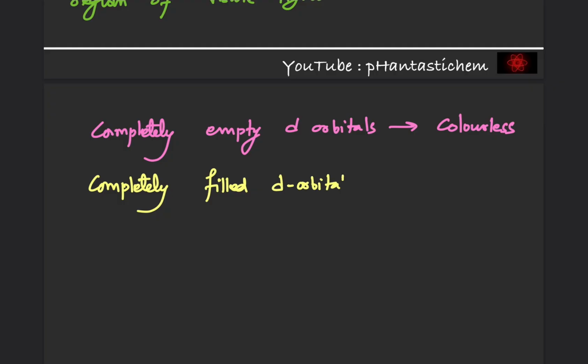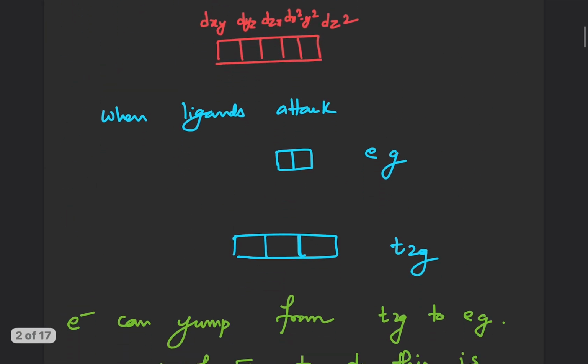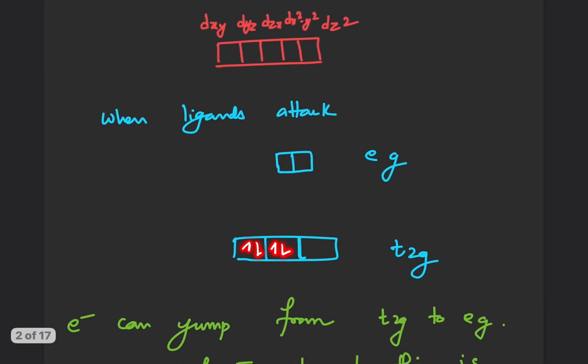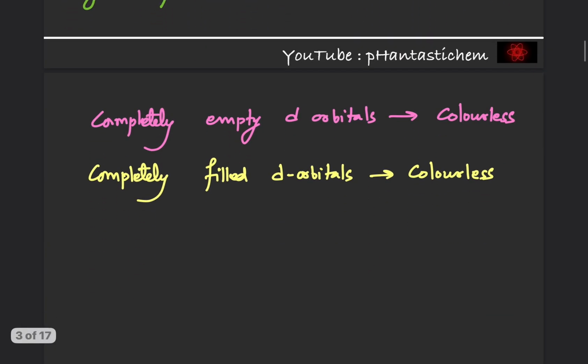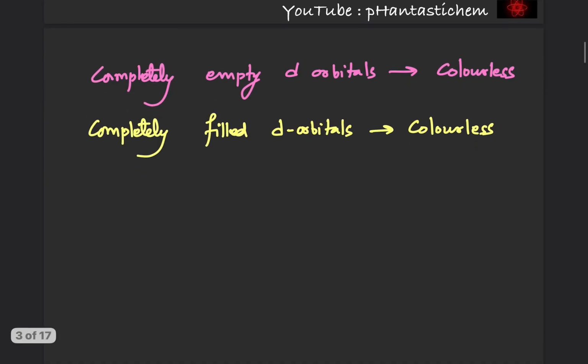For example, if all the electrons are filled in T2g and Eg, we cannot promote anyone to Eg because there is no vacancy. Now we know the criteria in which they will and will not show color. So let's look at the pairs.